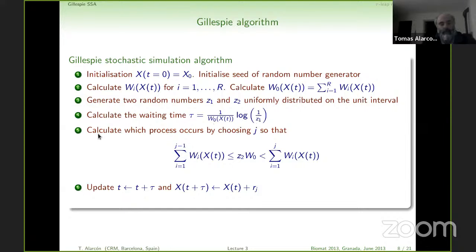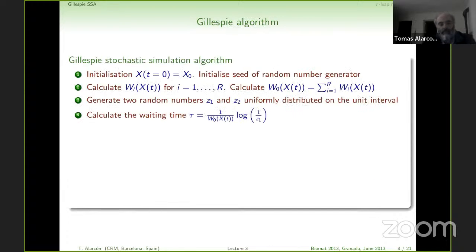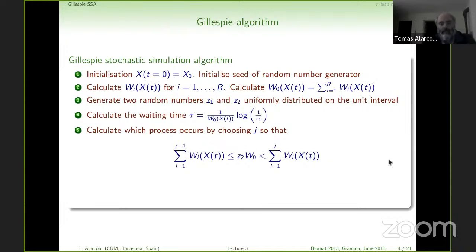Then you calculate the waiting time, and then you calculate which process occurs by choosing which process is going to occur in this way. This is the way of sampling this probability distribution. So is this clear to everyone or not?